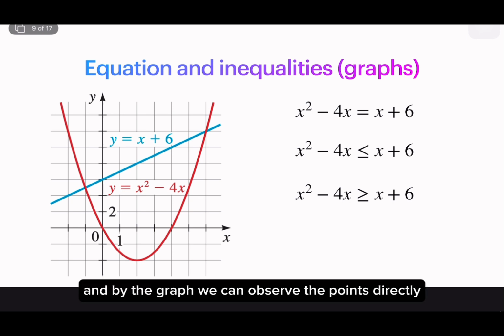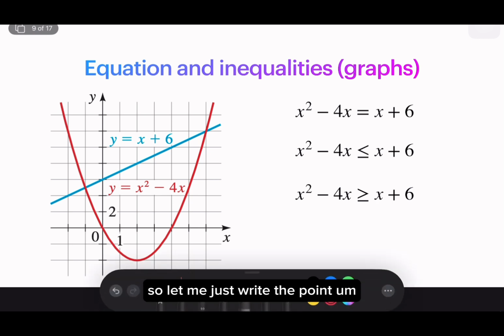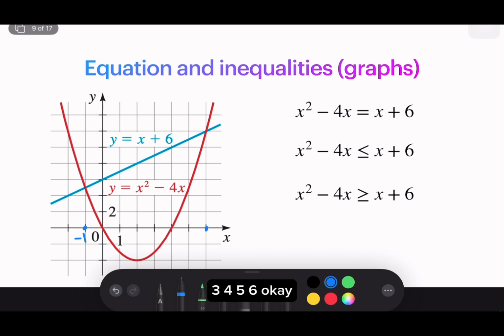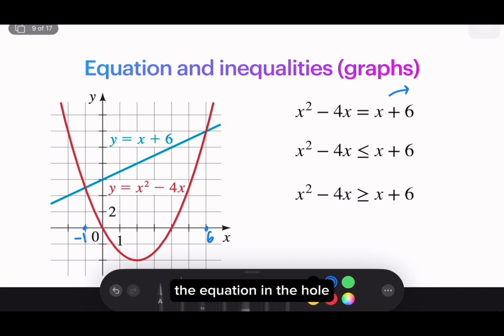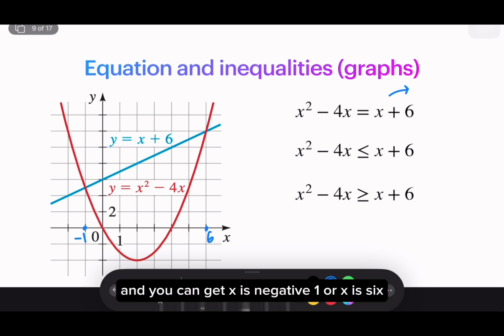And by the graph, we can observe the points directly. So let me just write the points. This point is -1. This point is 6. So that is the solution for the first one. And you can solve this by solving the quadratic equation as well, and you can get x is -1 or x is 6.